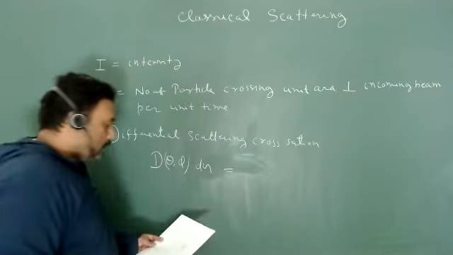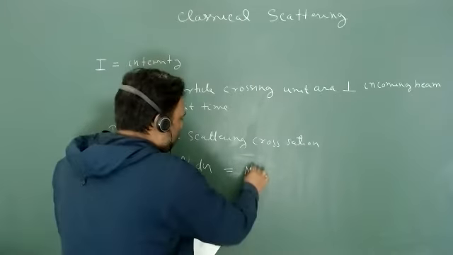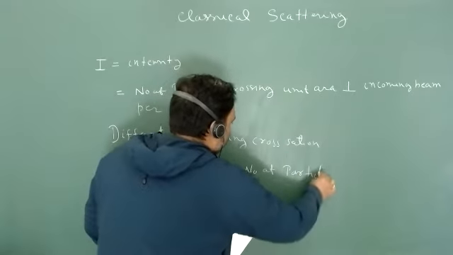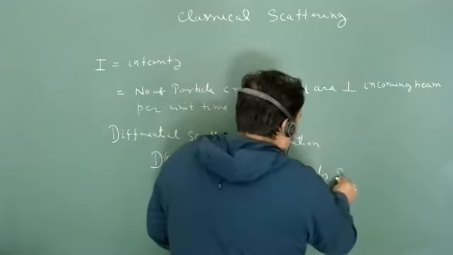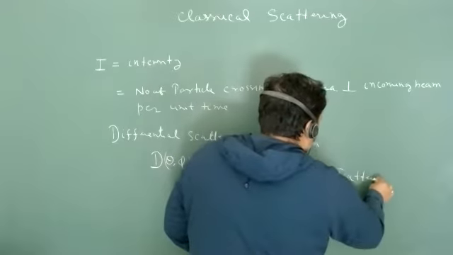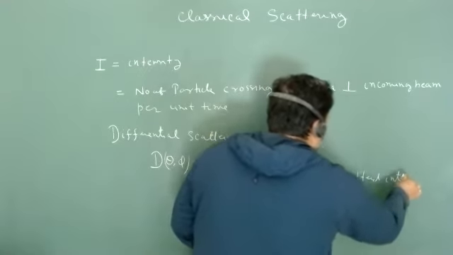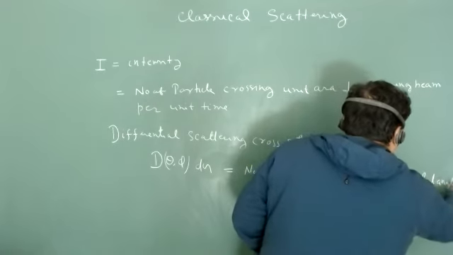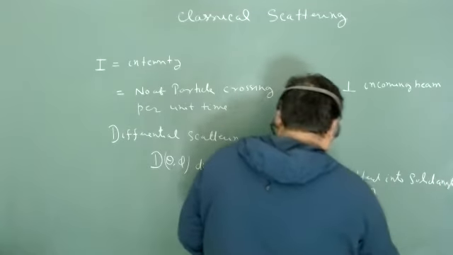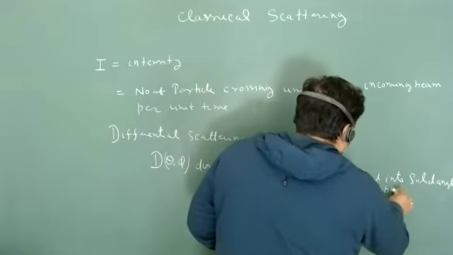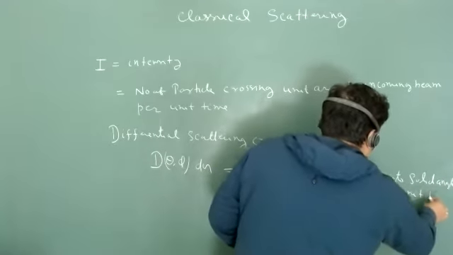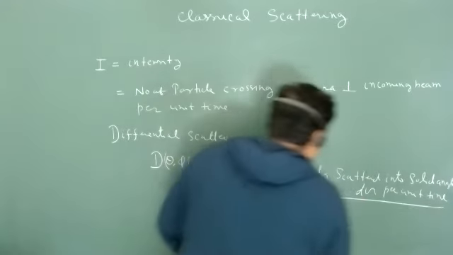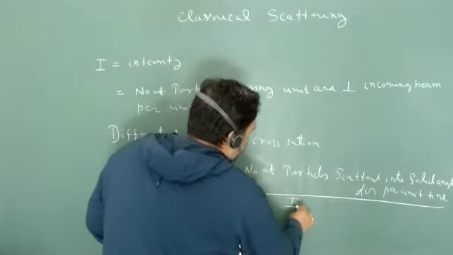This value is equal to the number of particles scattered into solid angle d omega per unit time, divided by the incoming intensity, or incident intensity.